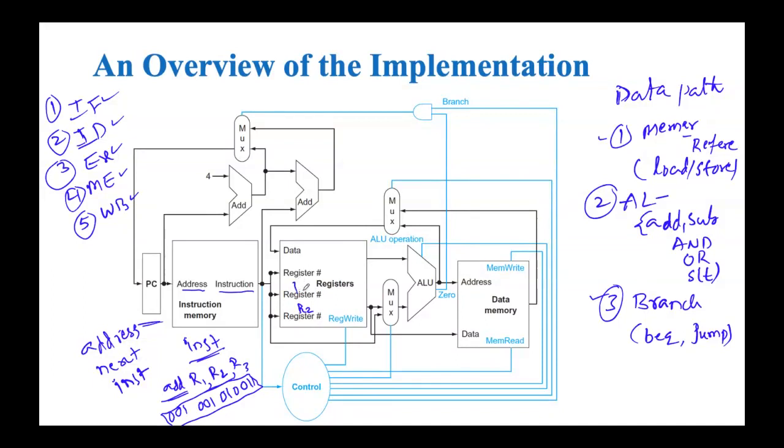The second operand is your R3, so R3 will be given. Then the result is stored in R1. That is your destination, we call. So these registers will be given as an input to your register file.